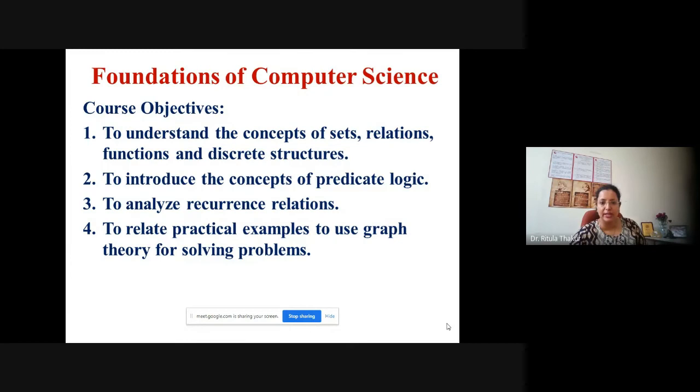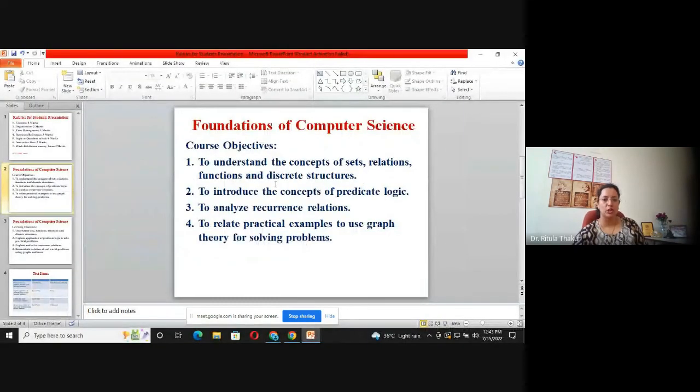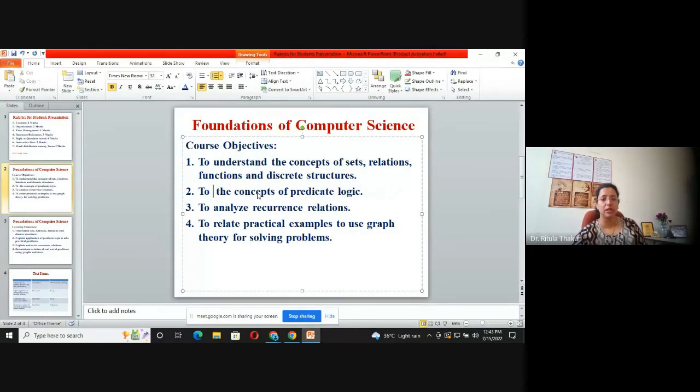That's why I had displayed this particular slide to you. It is always advisable that you take terms from here. For example, you have written to introduce the concept of predicate logic. Of course, your students will be introduced to this predicate logic, but I would say use explain.